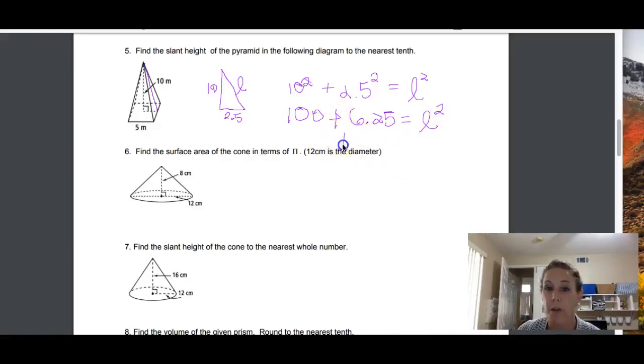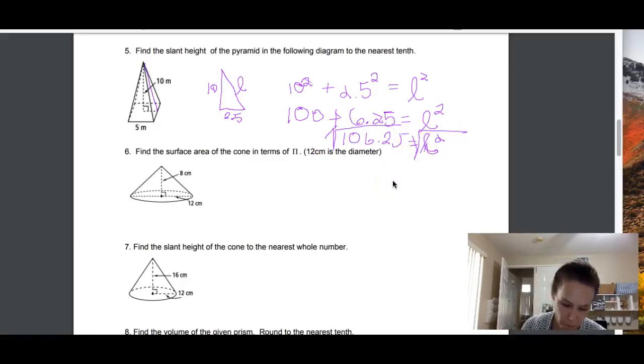So work the math out on this. This is going to be 106.25. And then you just have to take the square root of it, and I have to write really slow or else it doesn't write. And then square root it.